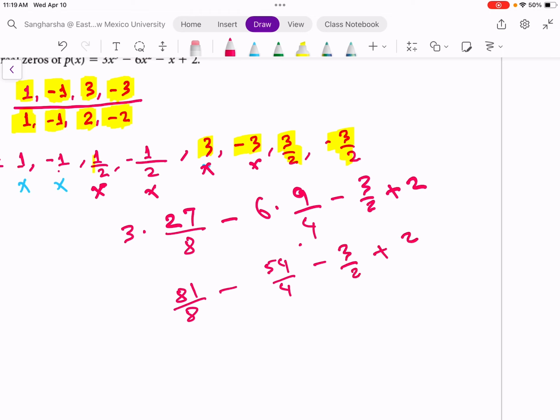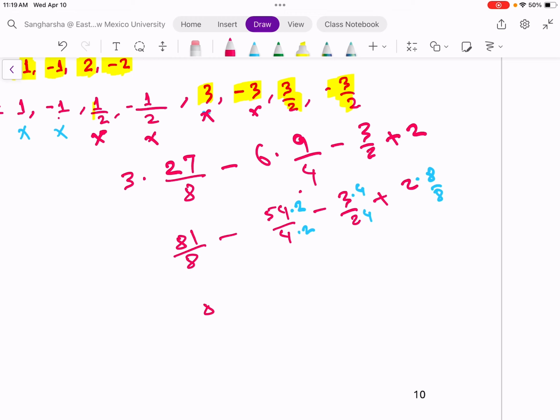So 8 is the common denominator. So let's multiply by 2, by 2, by 4, and by 8. Okay, so we have 81 over 8 minus 54 times 2, that is 108 divided by 8, minus 12 over 8 plus 16 over 8.